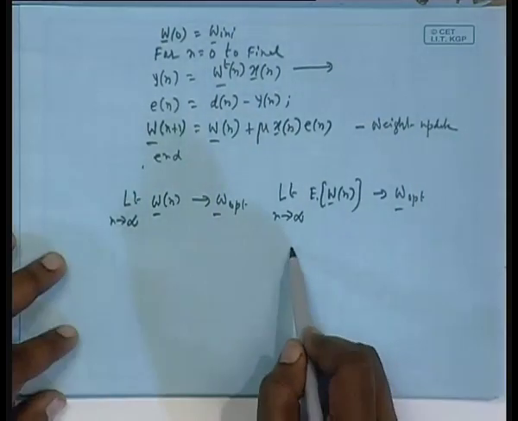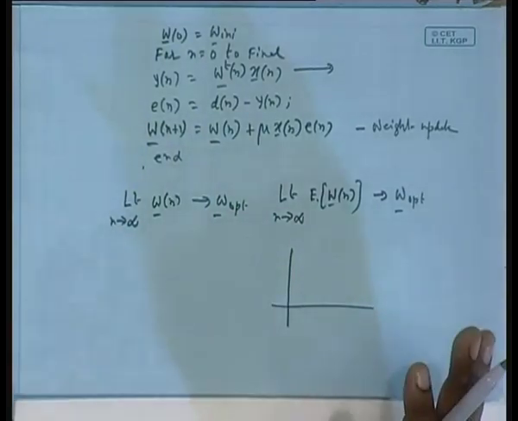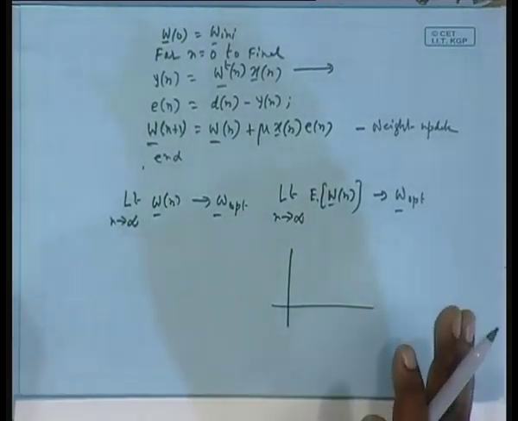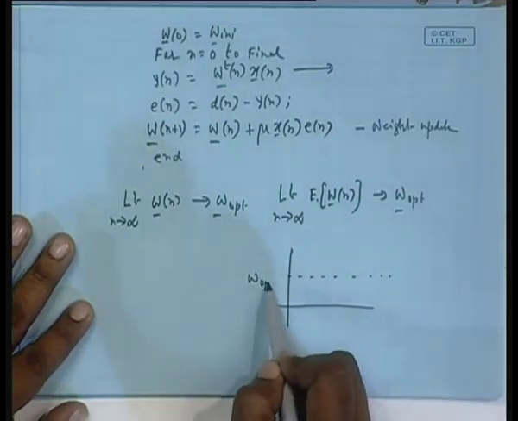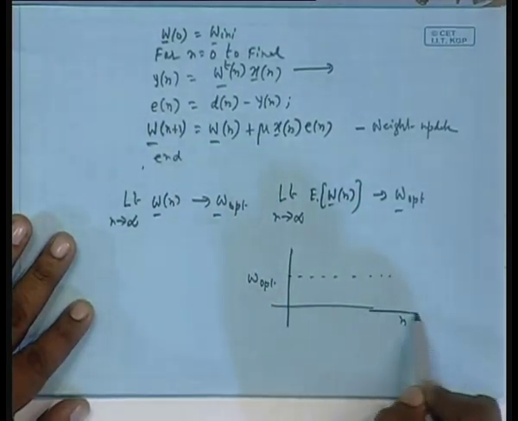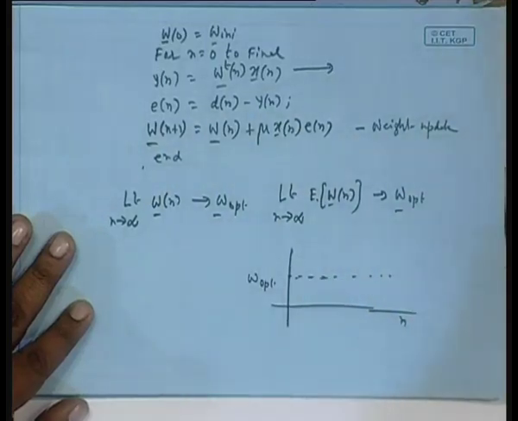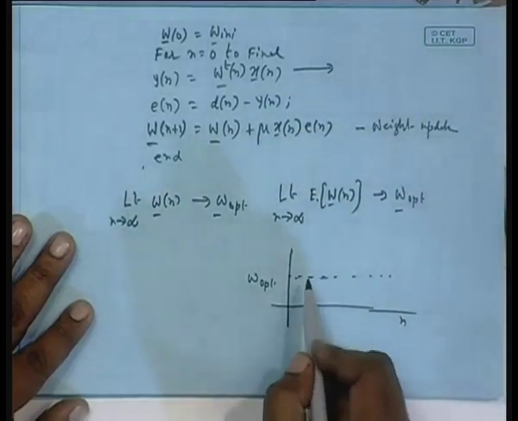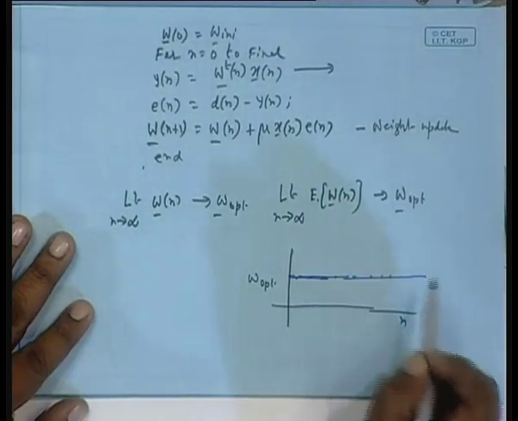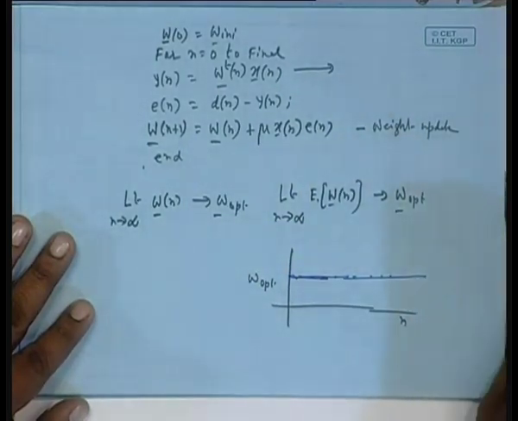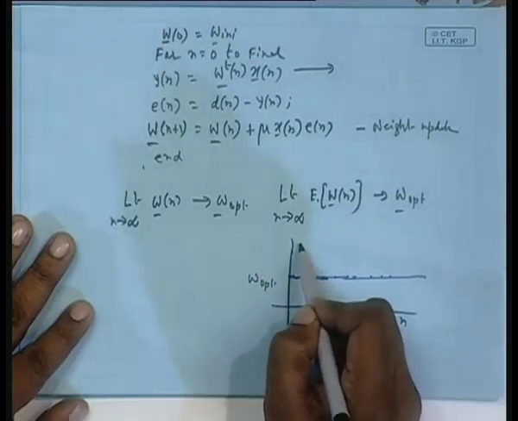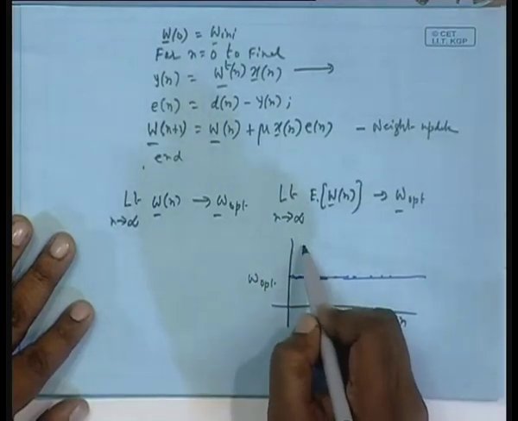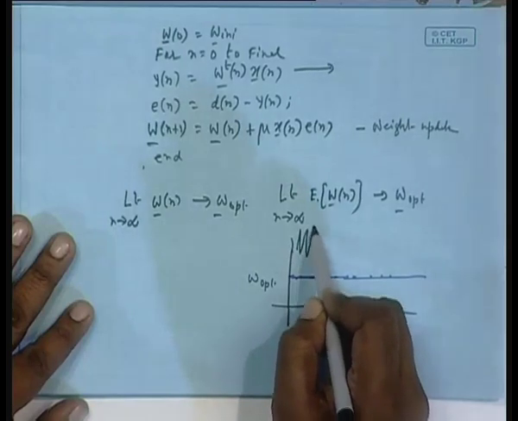That means, suppose you consider only a one tap filter to start with, and this is your W opt. This is time index n, this is your W opt. Maybe this Wn is a fluctuating thing, maybe it will be fluctuating like this here.